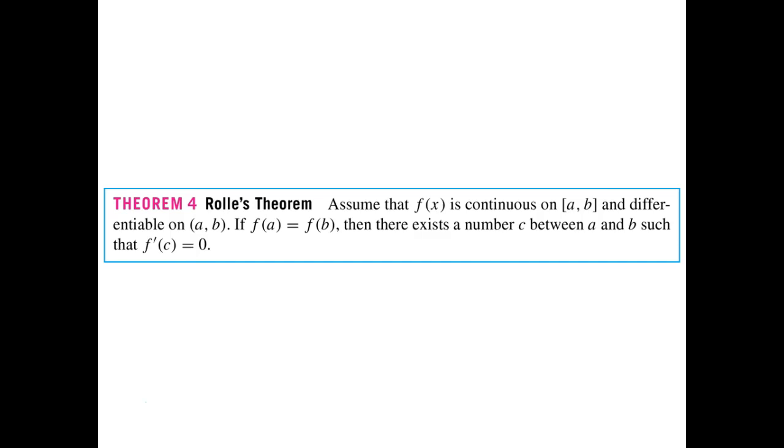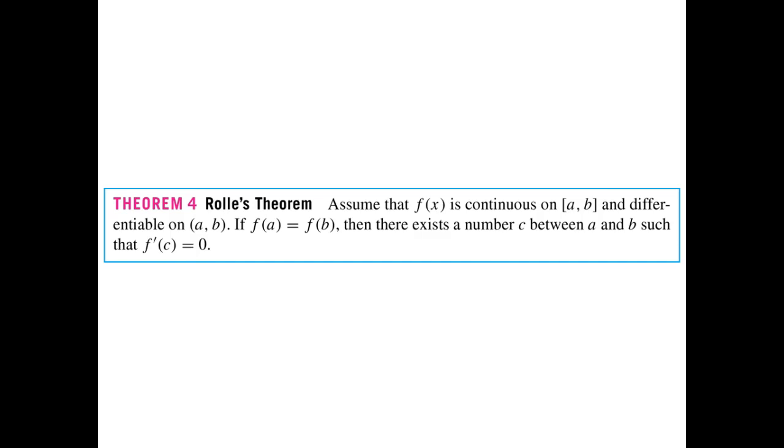It's got to be, because if they're equal at the endpoints, then there's going to be some place where there's a max and some place where there's a min. Or else it's going to be the constant function of that value, whatever that is. And for a constant function, f prime of c is 0 at every point c. So that would be not that hard to prove.